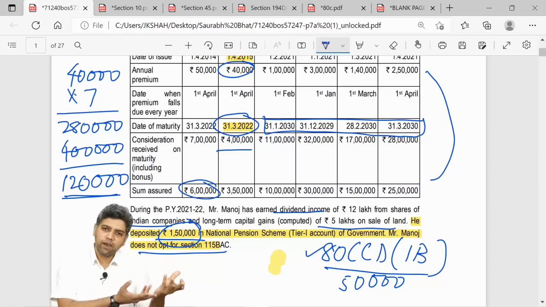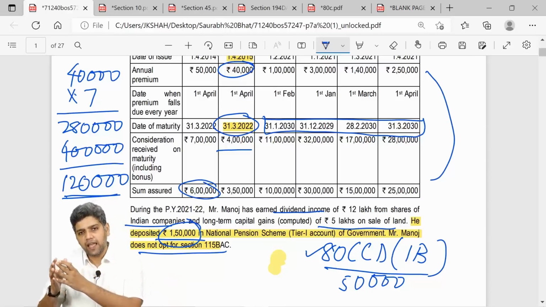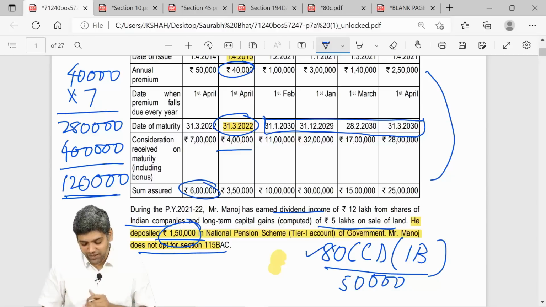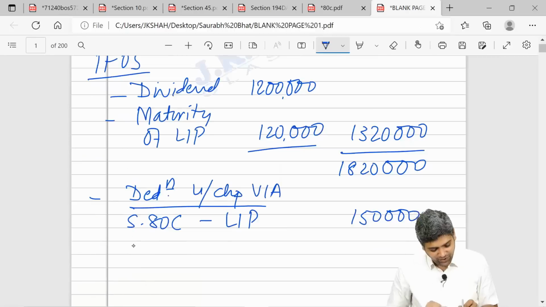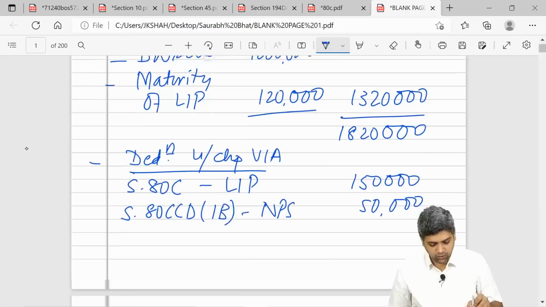That was exhausting my 1,50,000, so I did not feel the need of making another NPS contribution. But the moment government said that you will get 80CCD subsection 1B extra 50,000 deduction, I said, why not? Let's open NPS account. So here Mr. Manoj also has opened NPS account and he gets extra deduction of 50,000 rupees.